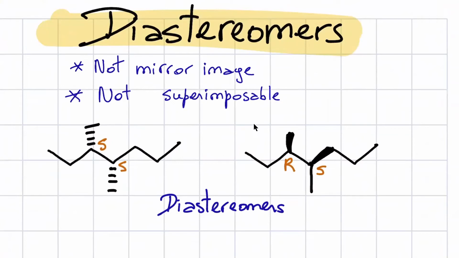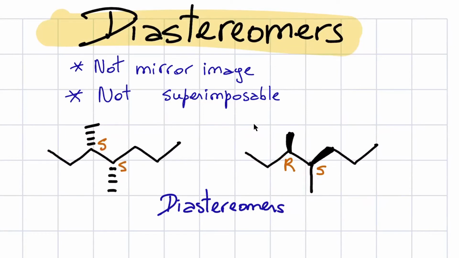Diastereomers are not mirror images and they are not superimposable. They are not mirror images because we can see that the chiral centers are not perfect opposite. For example, here, look at this molecule, we have SS, but in that case, we have one that is of course the perfect opposite of the first chiral center, but it's the same as the second chiral center.